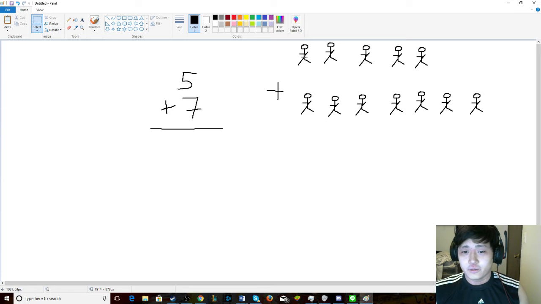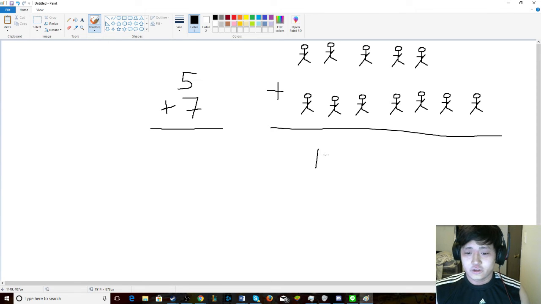We can count this up by just counting each one. 1, 2, 3, 4, 5, 6, 7, 8, 9, 10, 11, 12. So that means that we have 12 kids total, and that's how I know that 5 plus 7 equals 12.